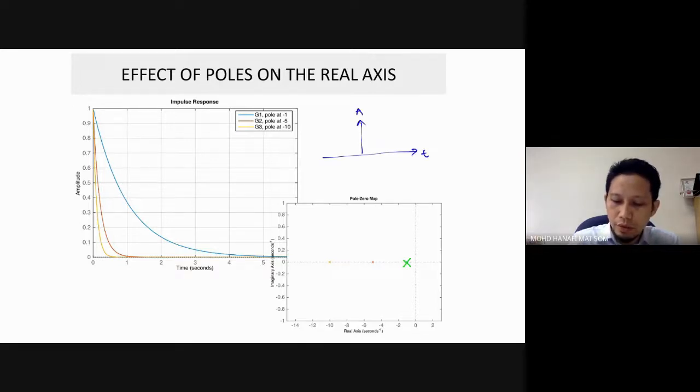You give an impulse input, which is just 1, so let's say the amplitude here is 1. You give 1 only at 1 second.